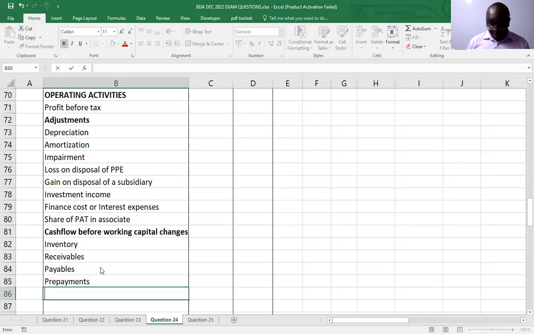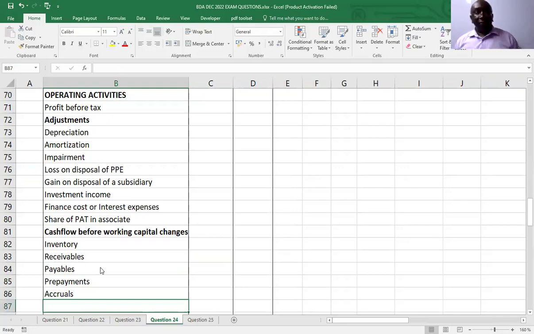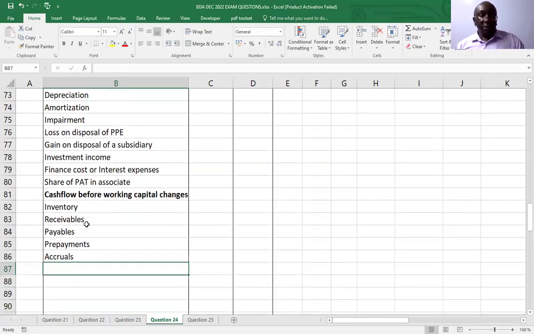And we have accruals. So I'm just giving you the general format. So when we start solving, some of them we shall remove, or you choose to keep or not keep. I'm just trying to remind you. Those are the main items of working capital changes.